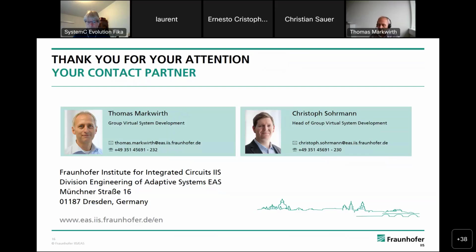Yeah, sure. The approach itself is usable for more or less all of the models of computation. It's independent of whether it's TDF, pure SystemC, or electrical networks. It's a hierarchical approach which detects automatically what kind of model of computation is used, and also the data type.